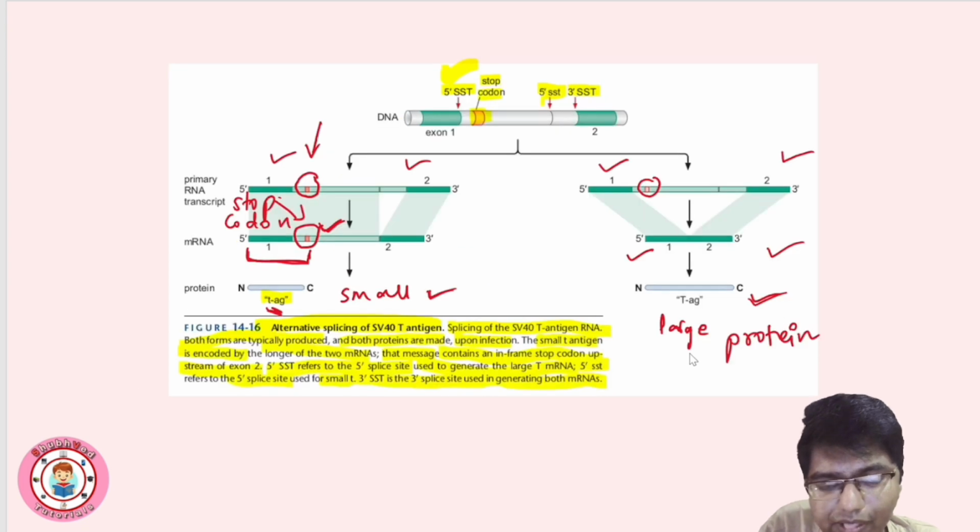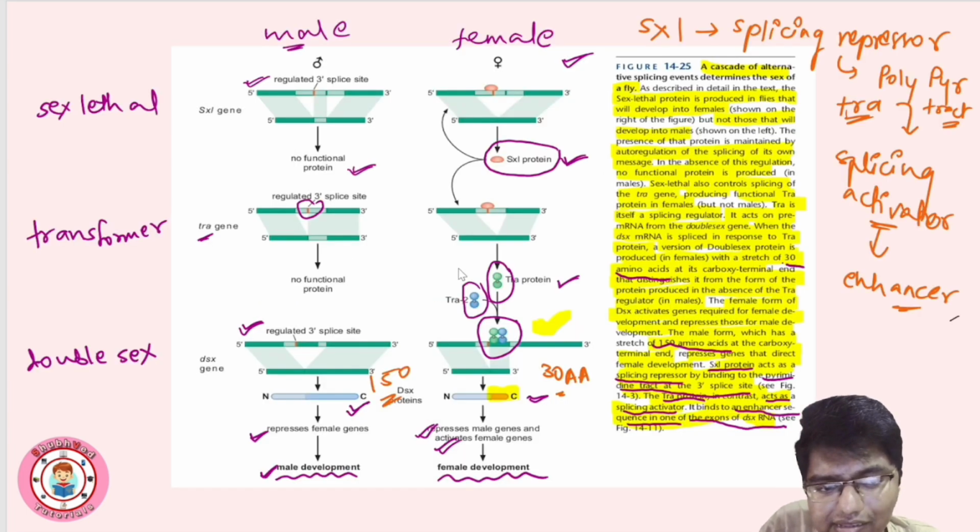Then we saw the SV40 T antigen. This is seen in the virus. Upon infection, when do we get the large protein, when do we get the small protein, right? Then in the next case we saw Drosophila sex determination.